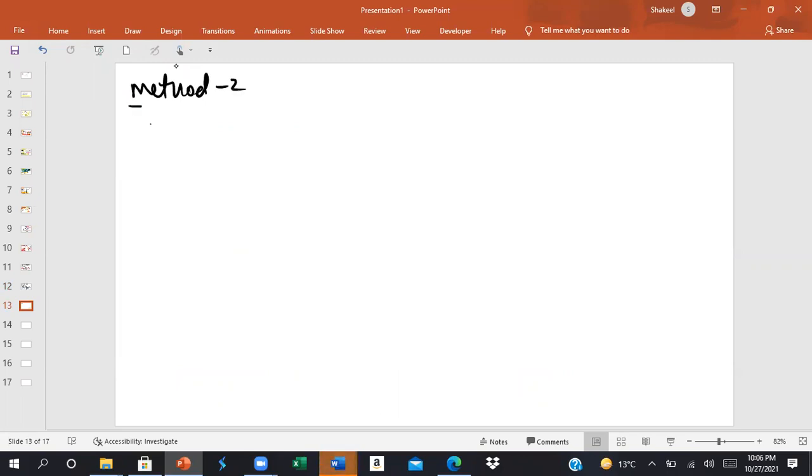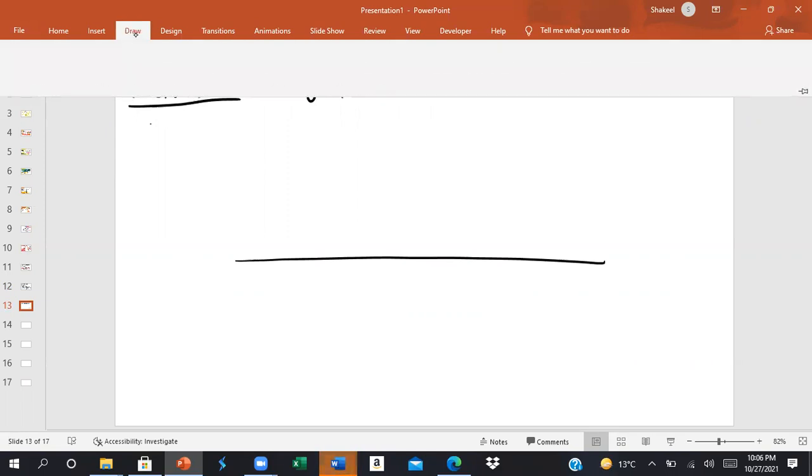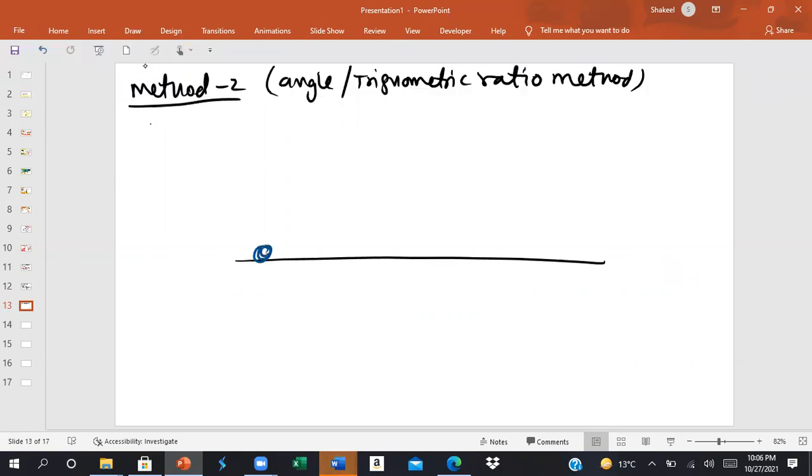Method two is the angle or trigonometric ratio method. For that, let's say an object is projected from here and it is coming to the ground. For example, over here, you have to find its total velocity.